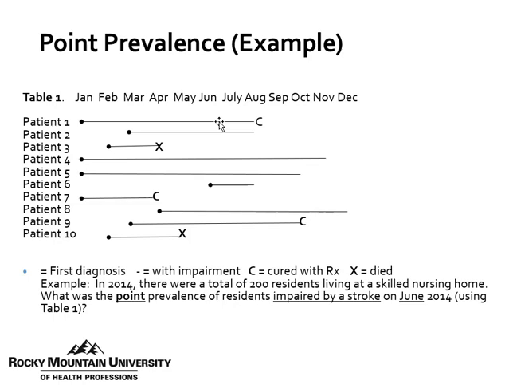C means that person's been cured with treatment, and obviously cured is debatable after a stroke, so don't think of it along those terms. This is just the example that I'm drawing from here. We can call it not impaired by stroke if that makes things any easier for you.